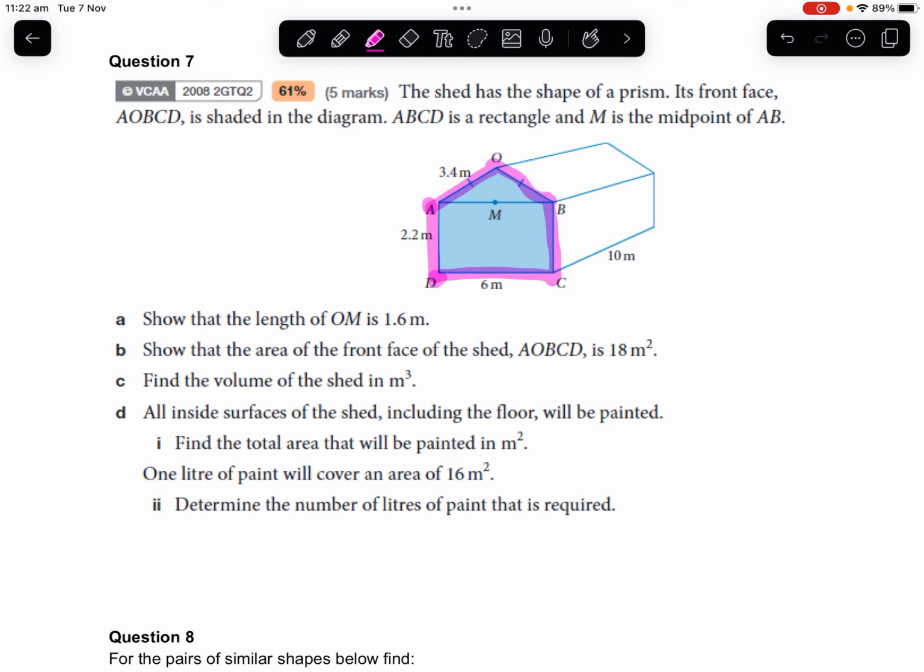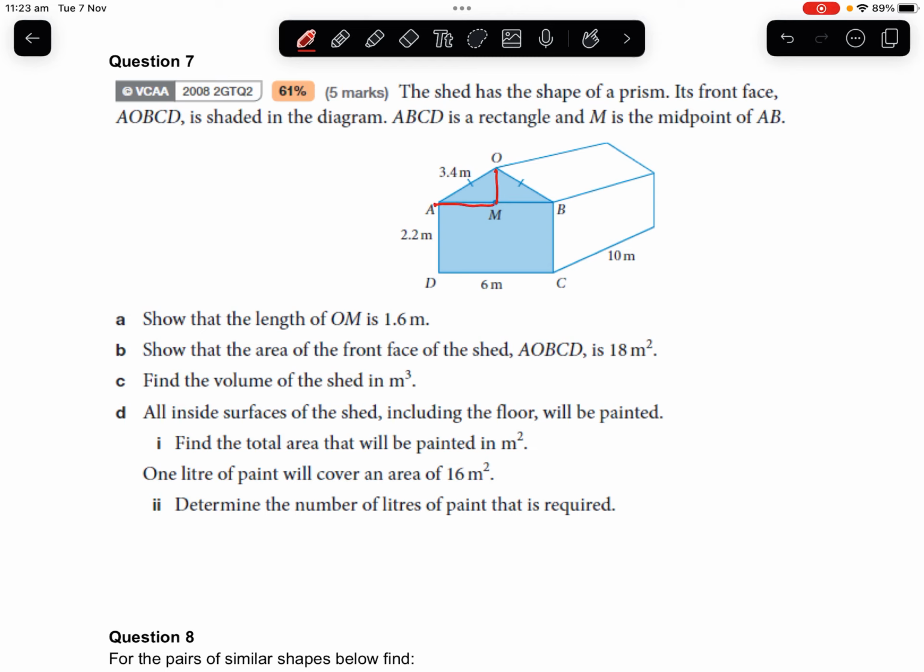ABCD is a rectangle, and M is the midpoint of AB. Question a: show that the length of OM is 1.6. So we need to show that OM is 1.6.